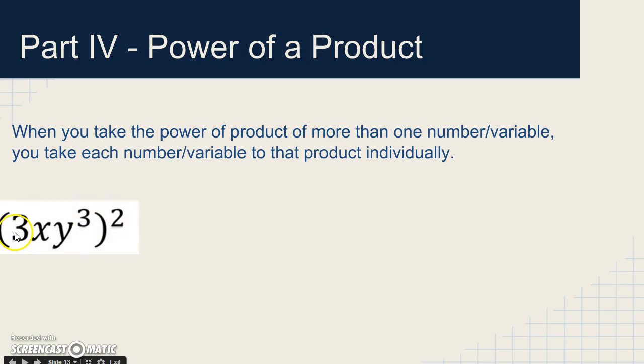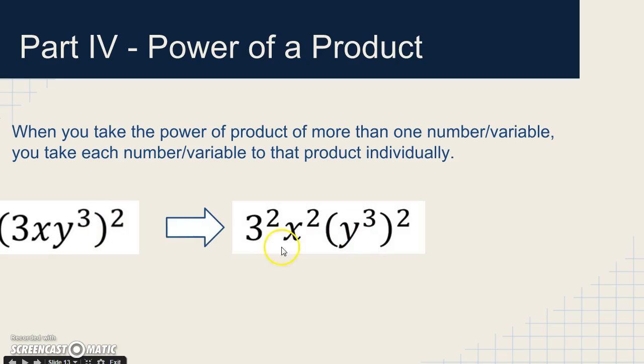Let's say we start off with something like 3xy cubed, and then that's inside the parentheses, and we square that. Okay, well, what that means is I'm going to square everything in here. So I'm going to square the 3, I'm going to square the x, and I'm going to square the y cubed.